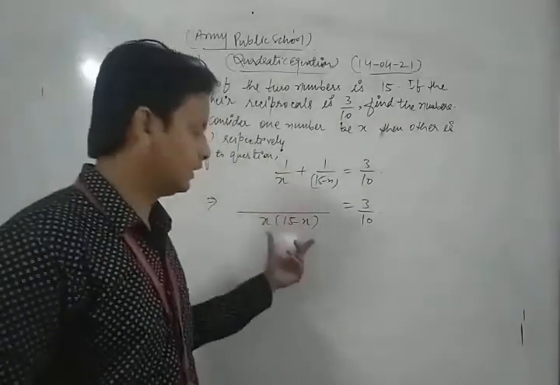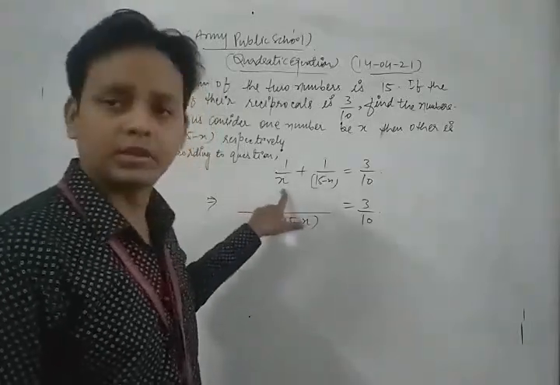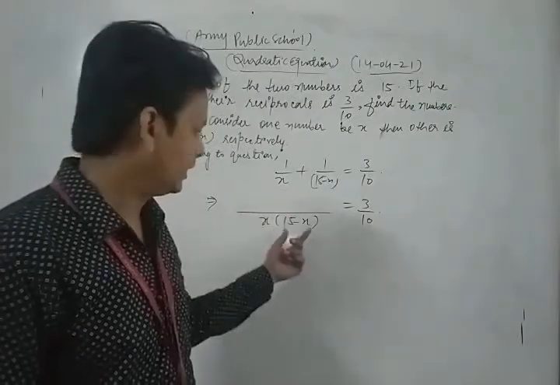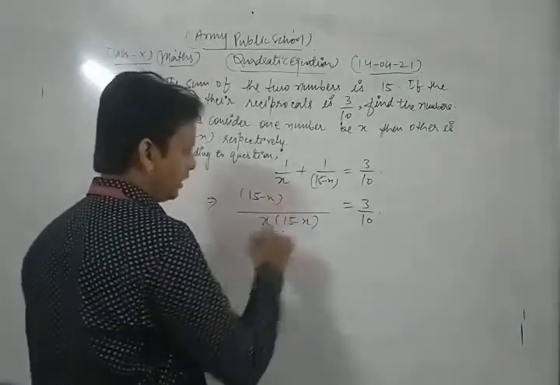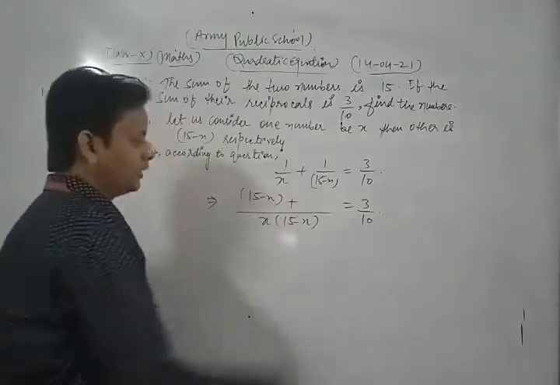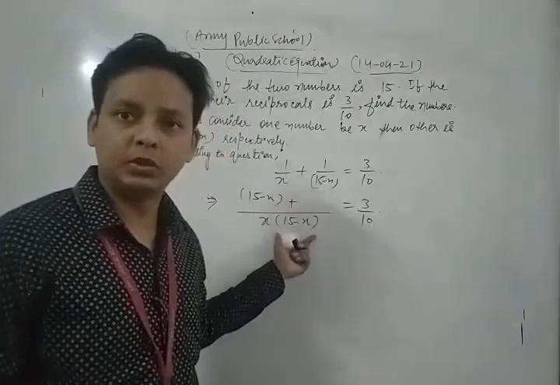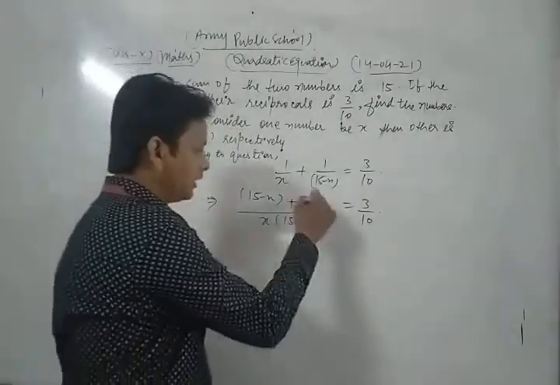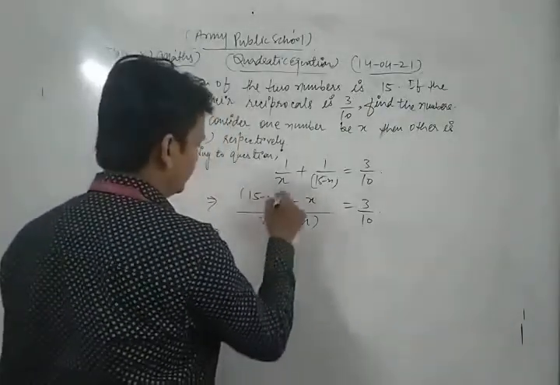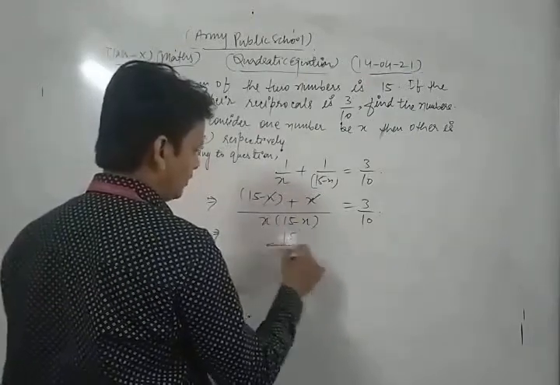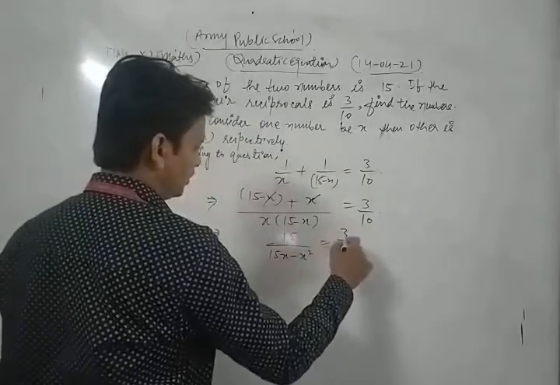Now if we divide the denominator by x, then x cancels, and 15 minus x into 1, so we get 15 minus x, plus when we divide the denominator by 15 minus x, then 15 minus x is cancelled, and x into 1, so we write x. Now we break the bracket, x cancels, and we multiply, so 15x minus x square is equal to 3 upon 10, as it is.